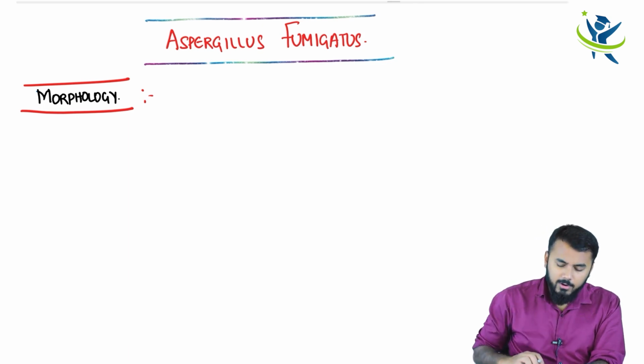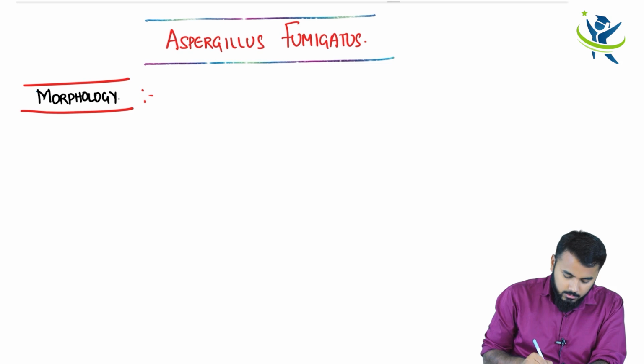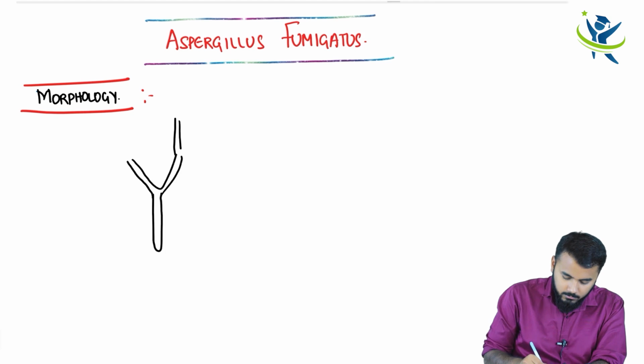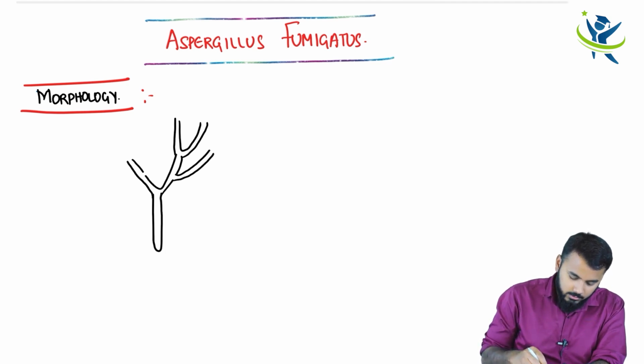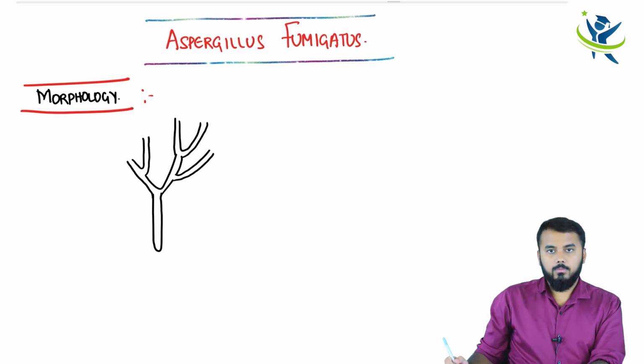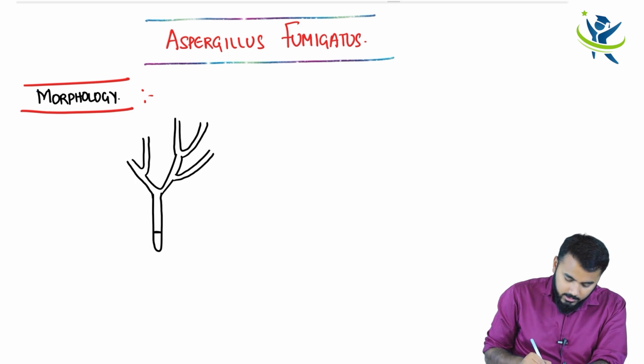But anyways, let me draw a picture first. Let us say that this is the hyphae over here. This is how the hyphae looks, right? Now this hyphae has septa in between.